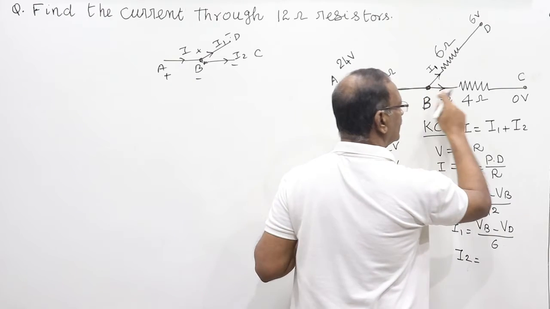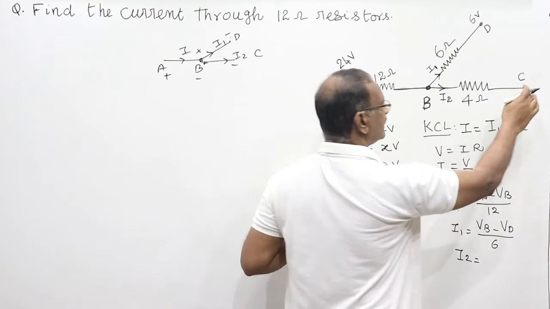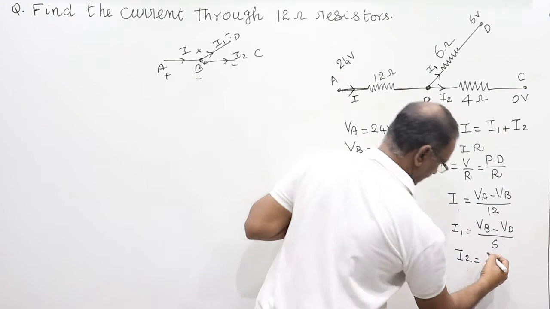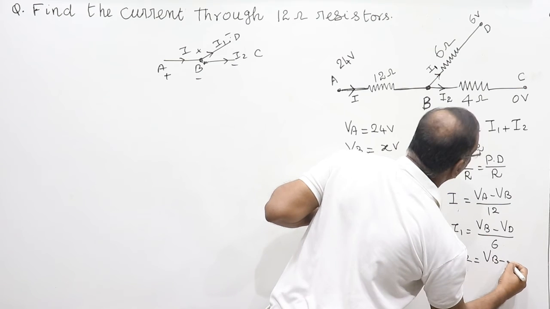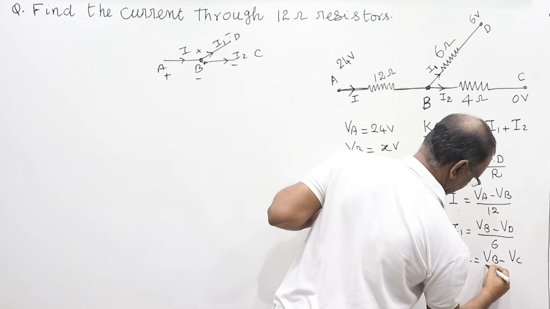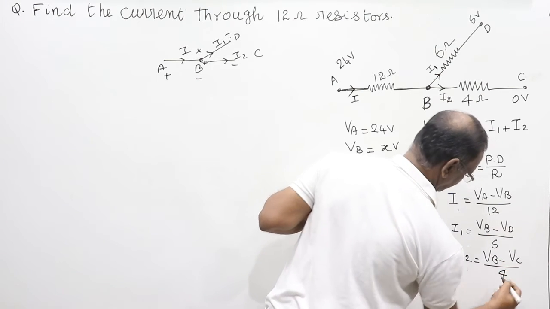Since current is flowing from here to here, this is at higher potential and this is at lower potential, so we write VB minus VC divided by 4 ohm.